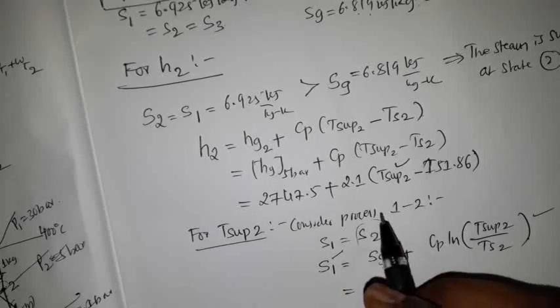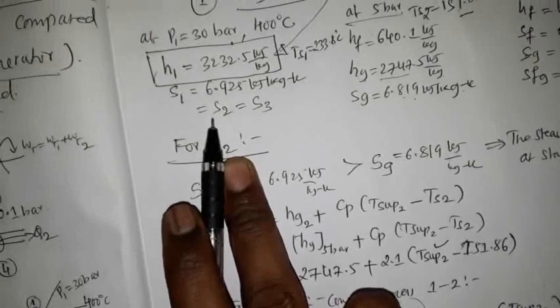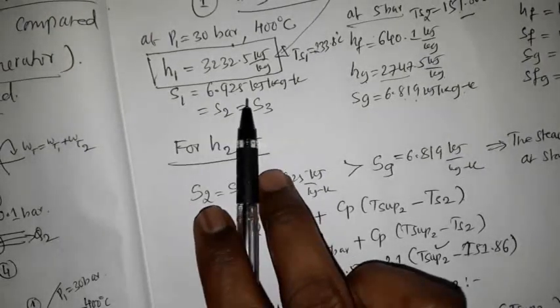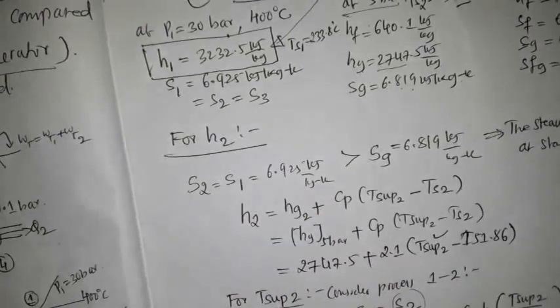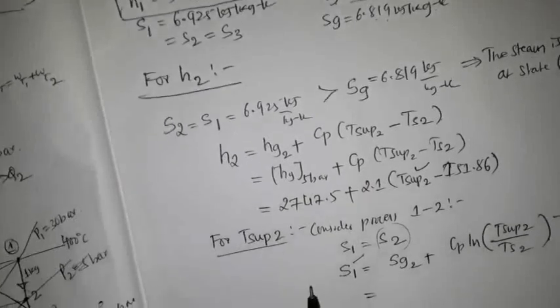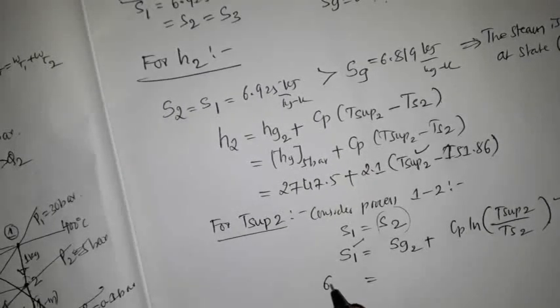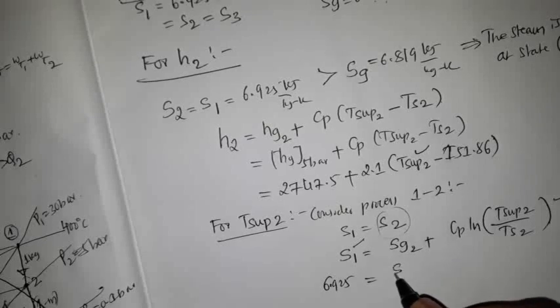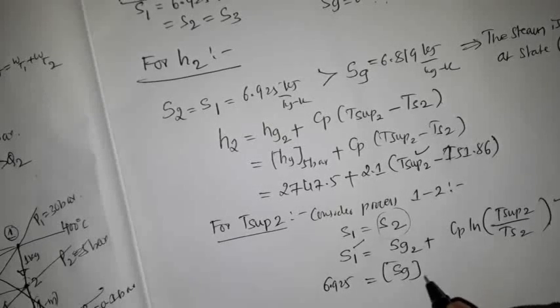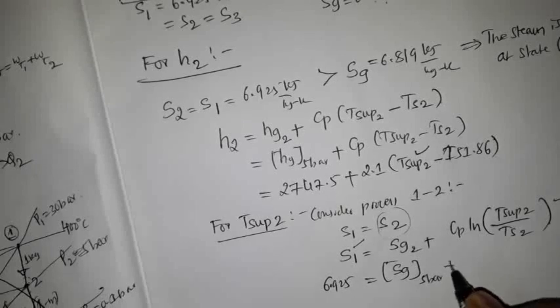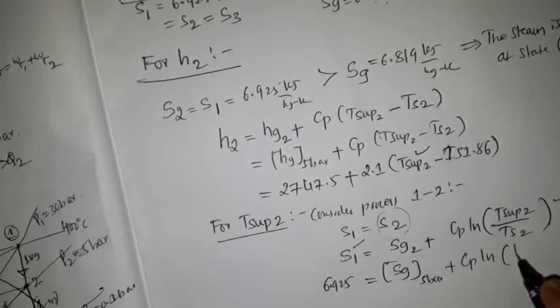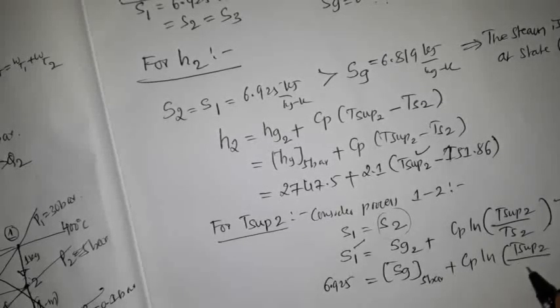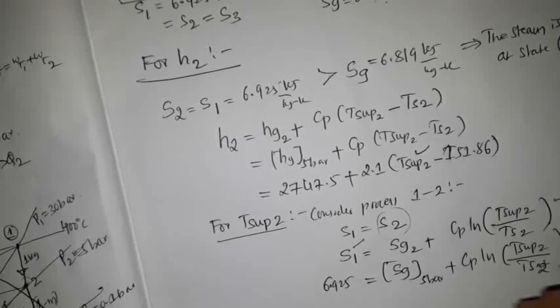So now we have the values, S1 equal to S2, that is 6.925 kilojoule per kg Kelvin. I will substitute the same value here: 6.925 kilojoule per kg Kelvin, and this is Sg at 5 bar plus Cp ln of T superheat 2 and T saturation 2.